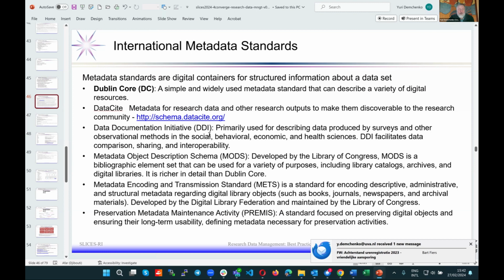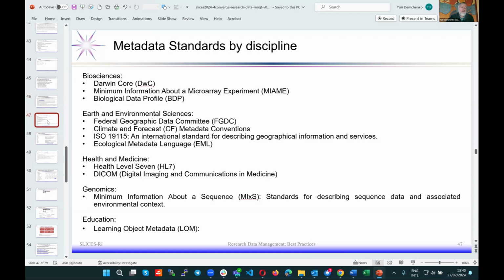The Data Documentation Initiative is international, and there are others: MODS, MEDS, and PREMIS. There are also standards specific by discipline: bioscience, earth and environmental science, health, genomics, and education. Education also has metadata, called Learning Object Metadata, and those who teach may have experience using the LOM model.